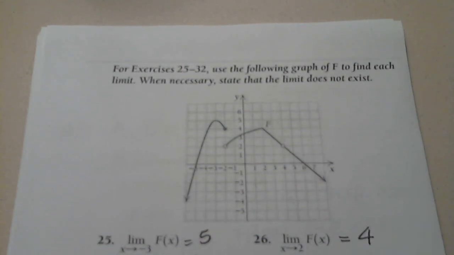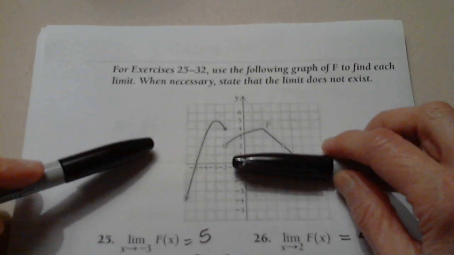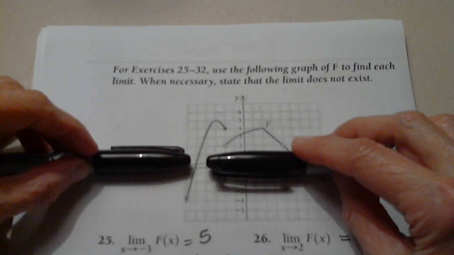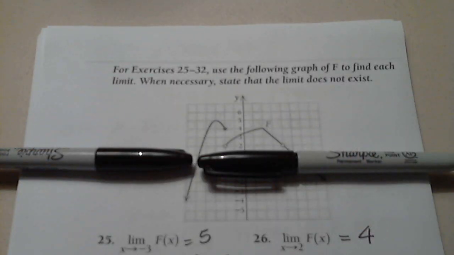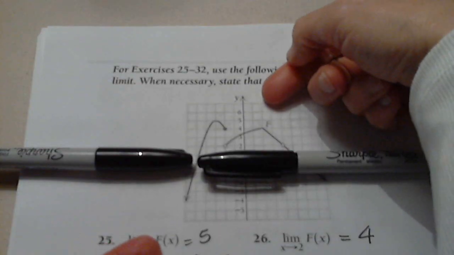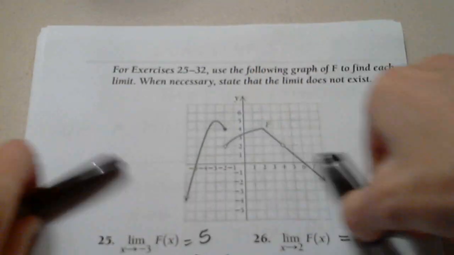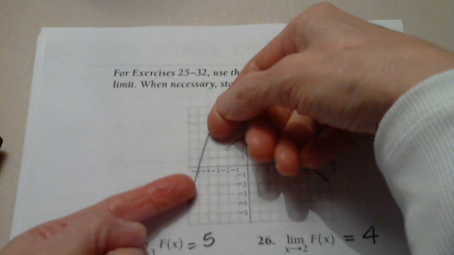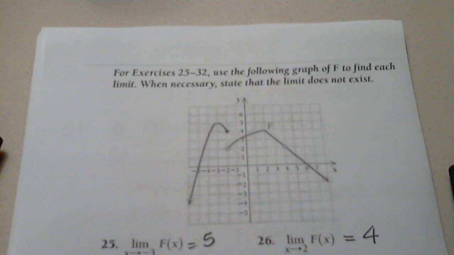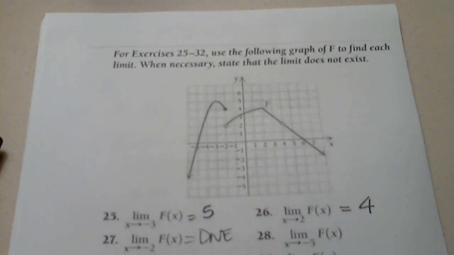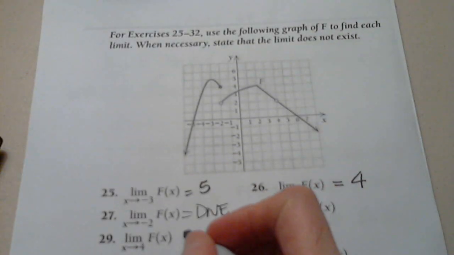28. The limit of f of x as x approaches -5 from either side. All I need is the tendency, not the value, the tendency of the function. 0.